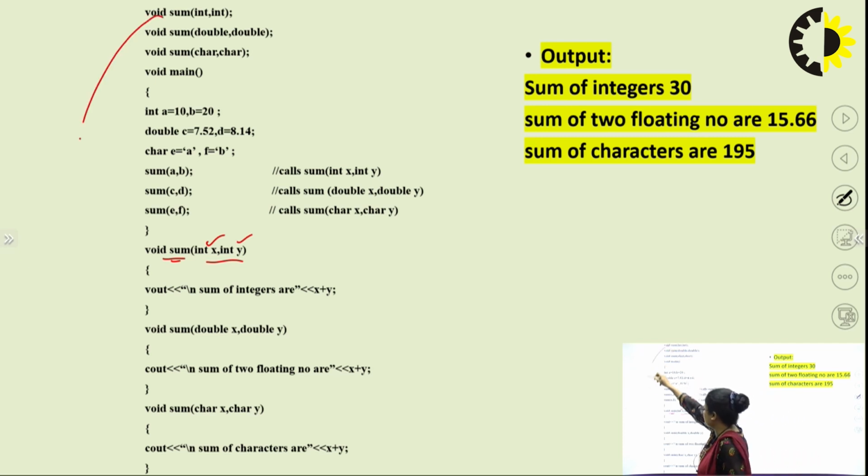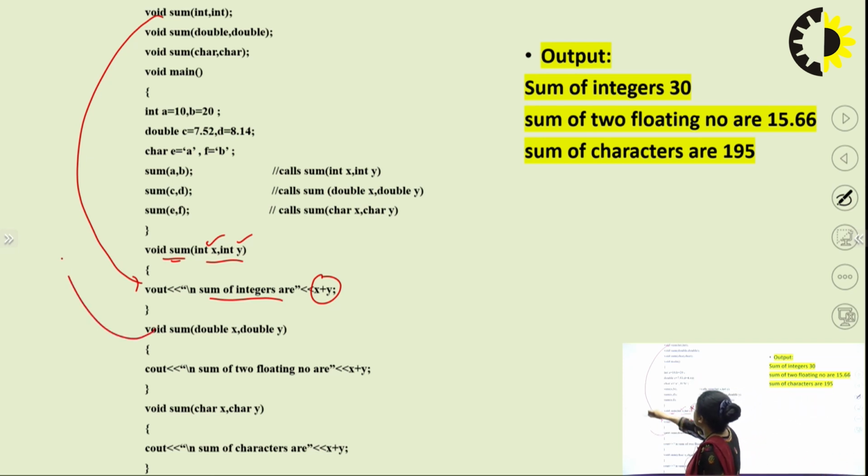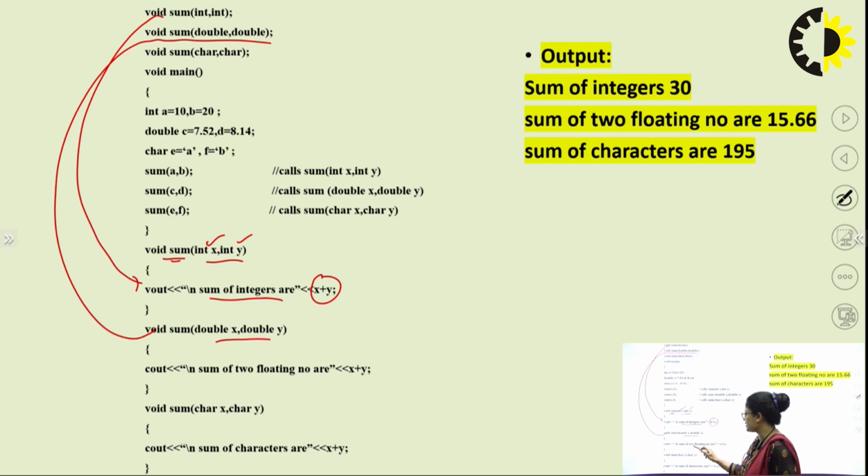It prints a message, sum of integers, and returns the summation of x and y. The second function takes 2 double variables x and y, prints a message, sum of 2 floating variable numbers, and returns x plus y.